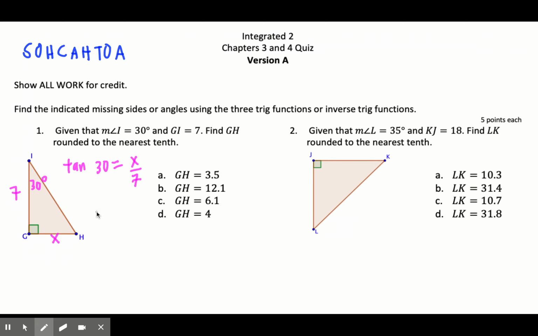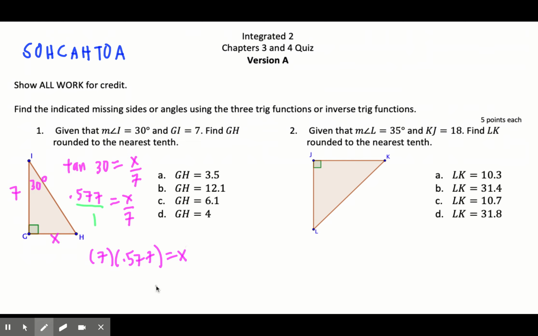And then you do tan of 30 on your calculator, and you get 0.577 equals x over 7. And then you want to write that like over 1. And then cross multiply, and you'll get 7 times 0.577 equals x.